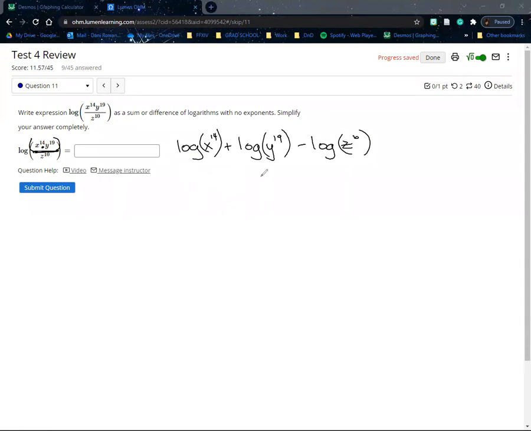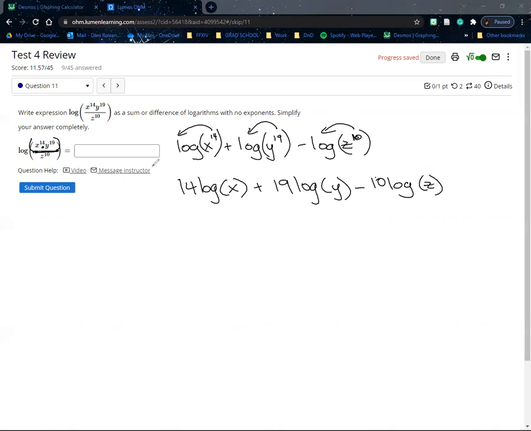All right. From that point, are we done? Or we still have exponents, don't we? So what do we do with those exponents? Move them to the front of the log. Yeah, we're going to move all of them to the front. So we have 14 log x plus 19 log y minus 10 log z.